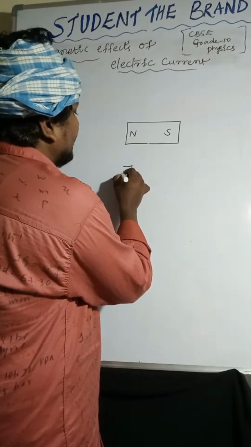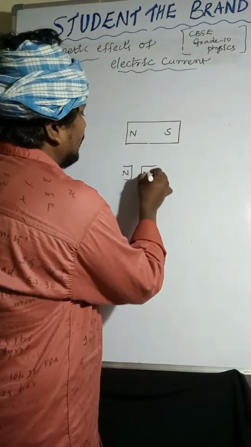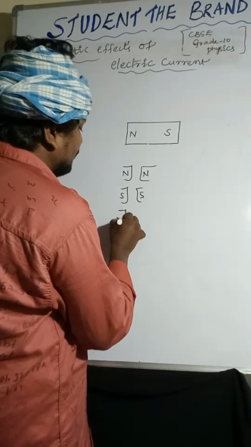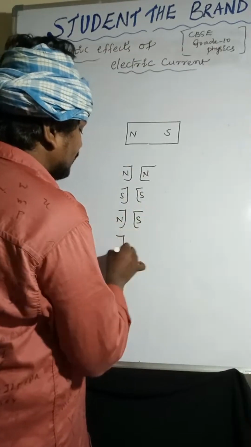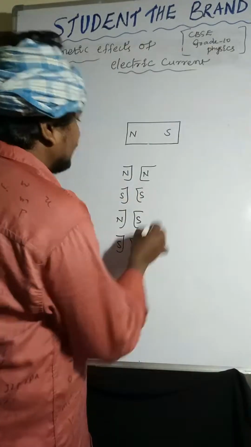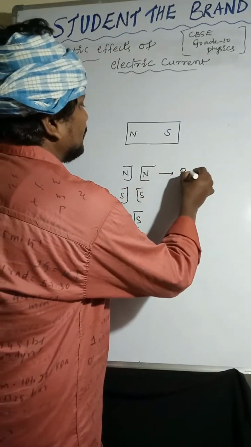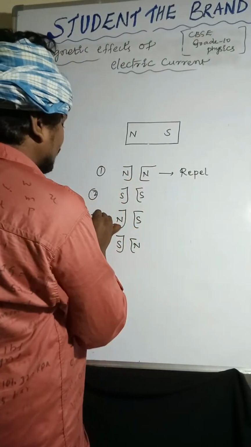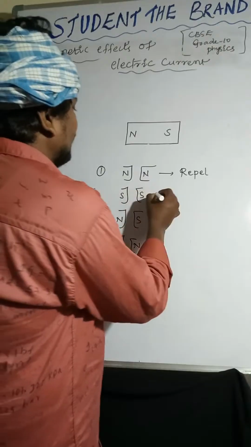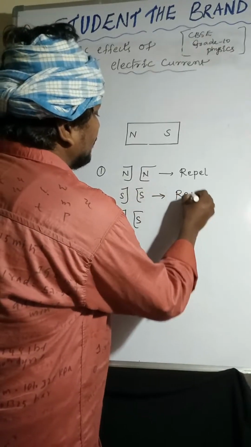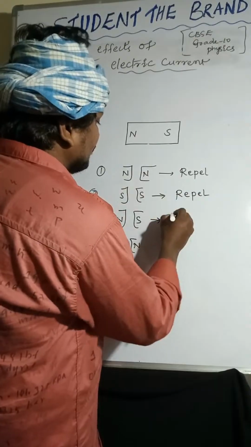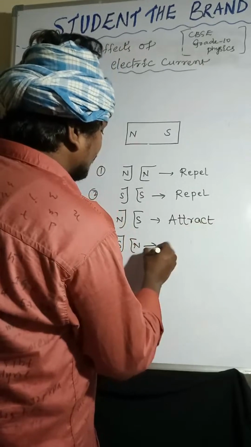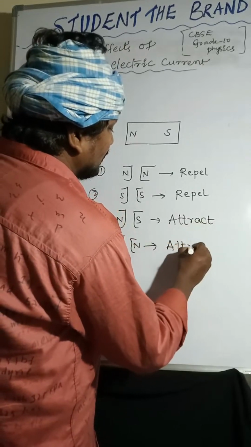Here, if you take north pole and north pole, south pole and south pole, these will repel. North pole with south pole, and south pole with north pole, will attract.